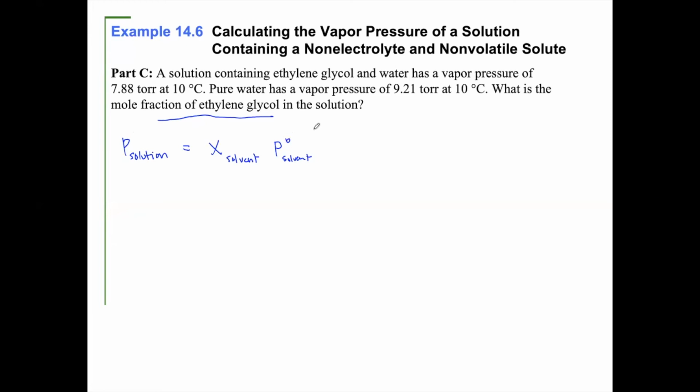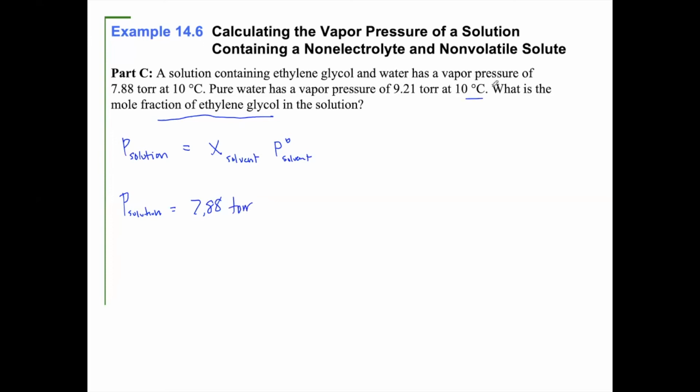So we can easily solve for the mole fraction of the solvent, but then we need the mole fraction of the solute. I guess I'm writing in blue now. P solution is 7.88 torr at 10 degrees Celsius.